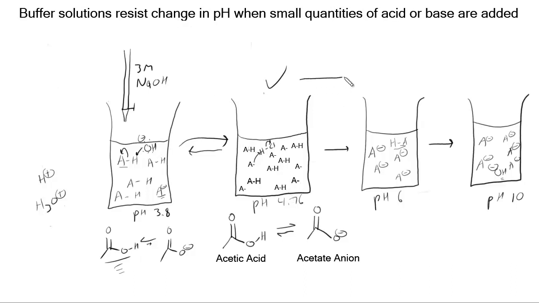We can then keep adding sodium hydroxide until all of our acetic acid is deprotonated, and at that point it will no longer be a buffer. But we do have a large span of a very small change in pH where a significant amount of sodium hydroxide can be added without significantly increasing the pH.